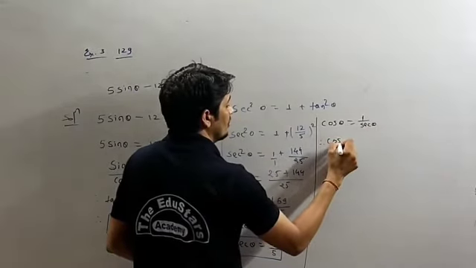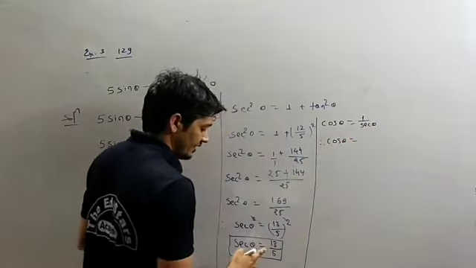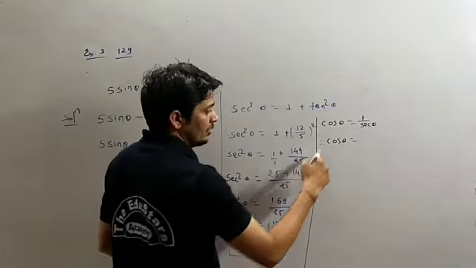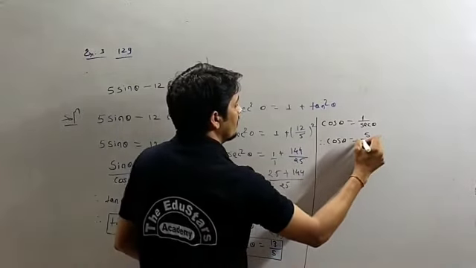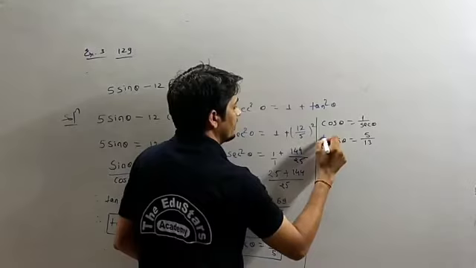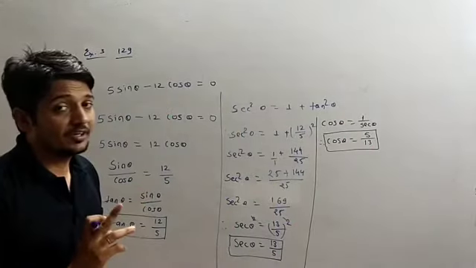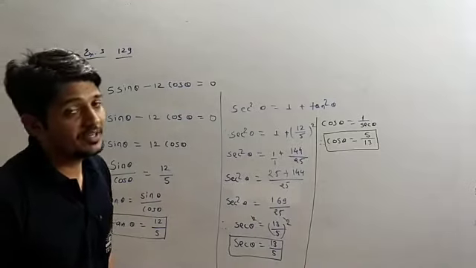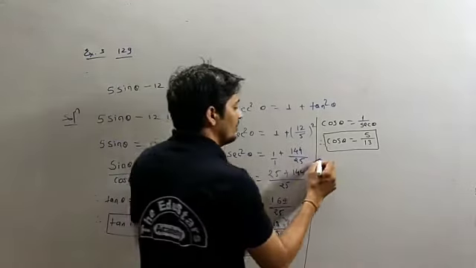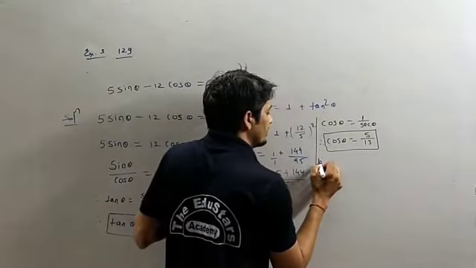Therefore cos theta will become 5 divided by 13. So we have the value of cos theta, and we can calculate the value of sin theta by identity.